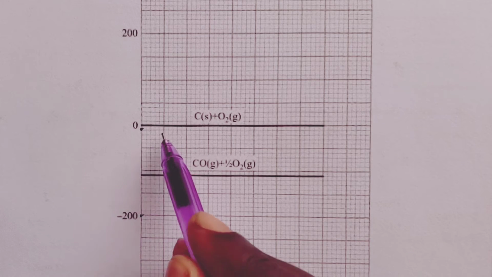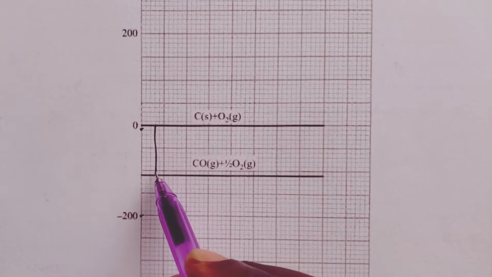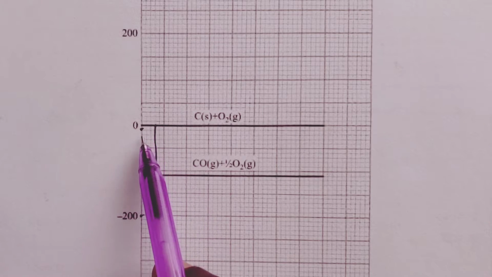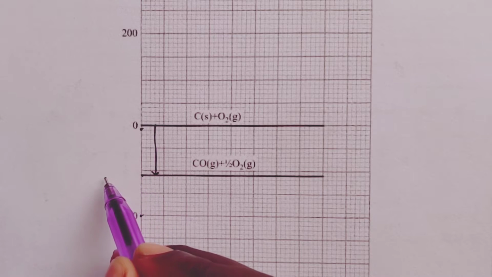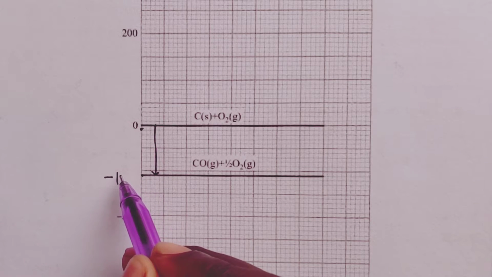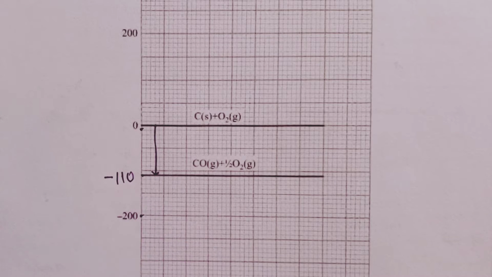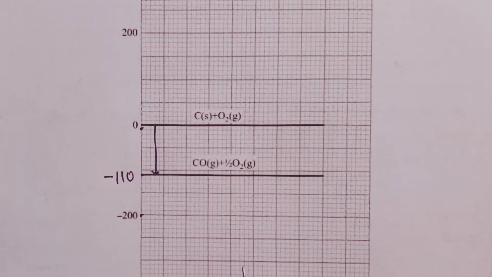So going down up to where we have the thick line, you realize that we have 11 small squares. For that matter, the amount of energy at this level is negative 110 kilojoules, where now we have carbon 2 oxide in gaseous form together with oxygen being placed there.